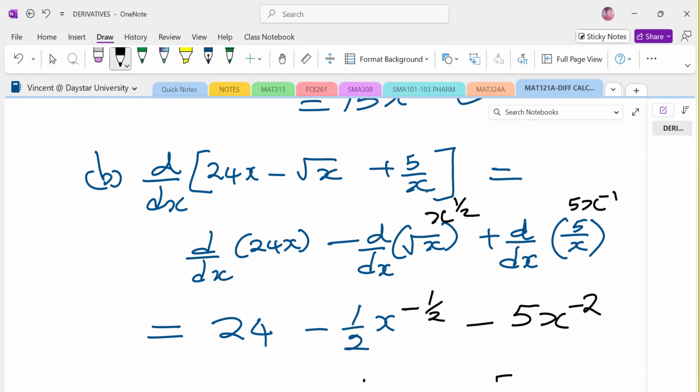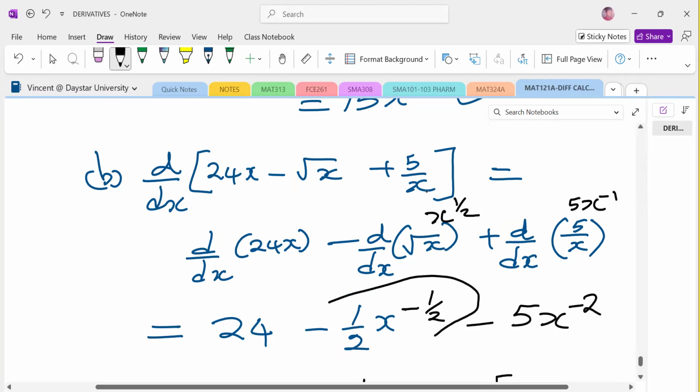Here, for the second term, there's already a minus sign because we had 24x minus root x. Then root x is the same as x power half. So when you apply the power rule, you drop the half, and then you subtract 1 from a half. So this is what gave us this term.